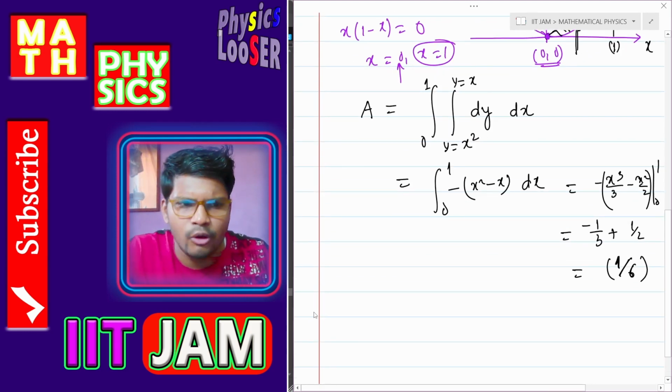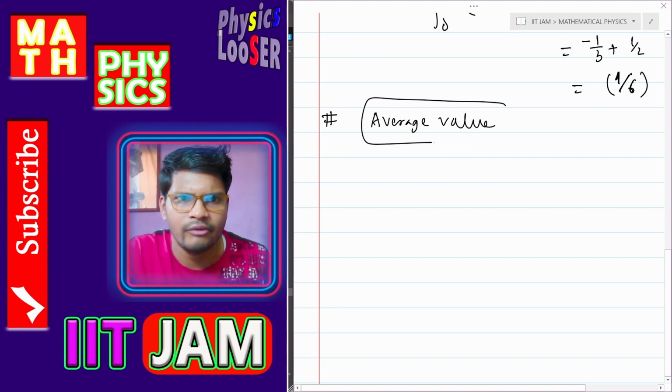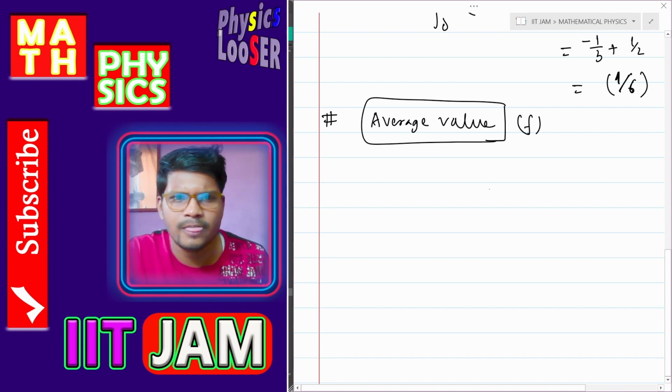Now, the most important topic that we are going to talk about today is how we can find the average value of any particular function.